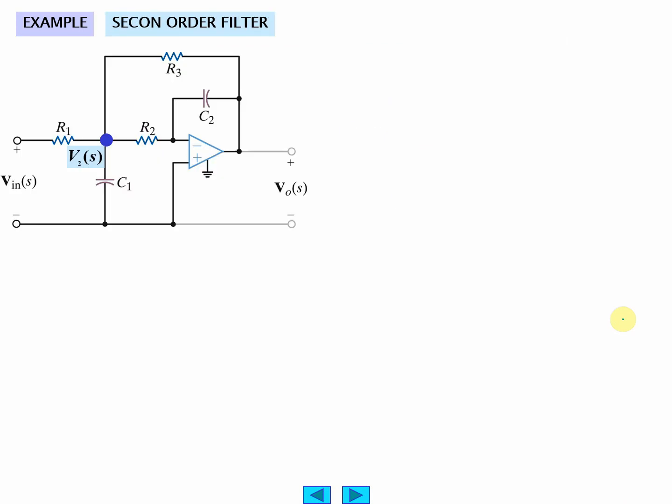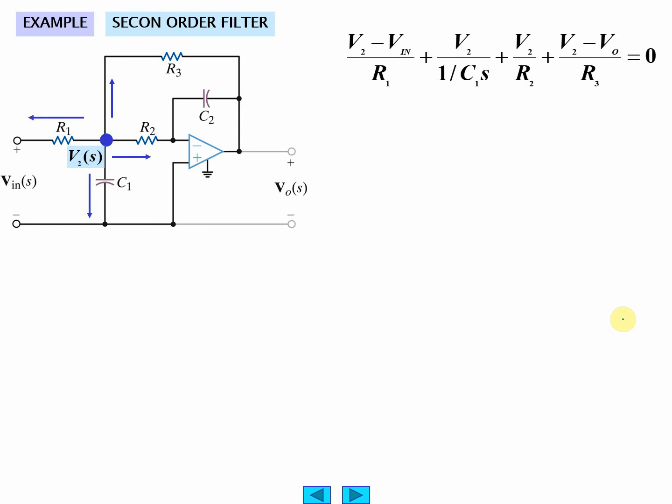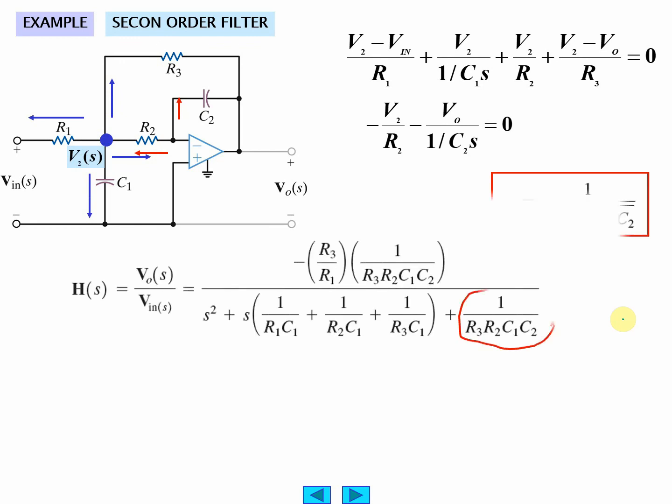Okay. Now, things get a little hairier. Math gets a little hairier. I'm not going to go through all the math. It's just very complicated. But here's the result. Second order. This is like an LRC circuit.